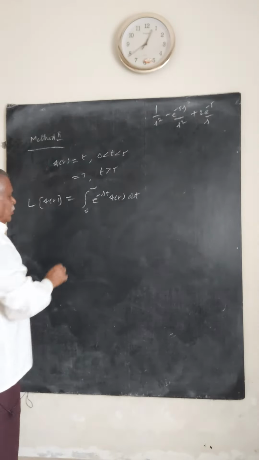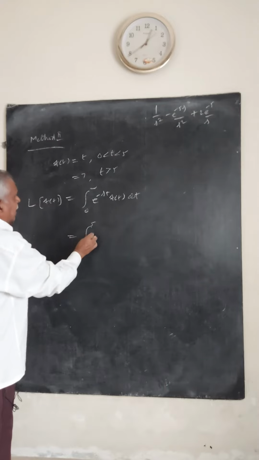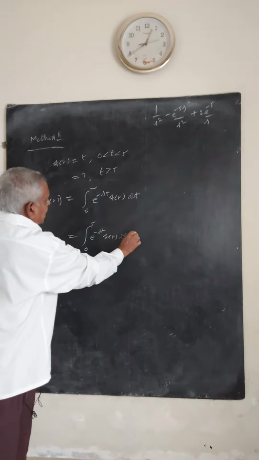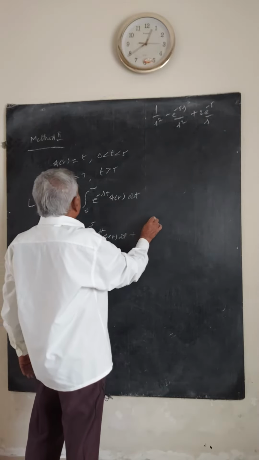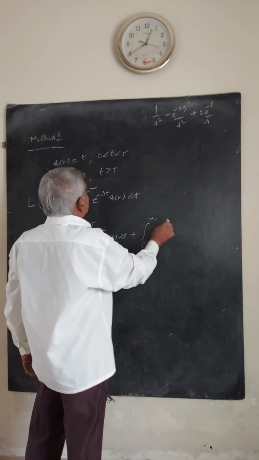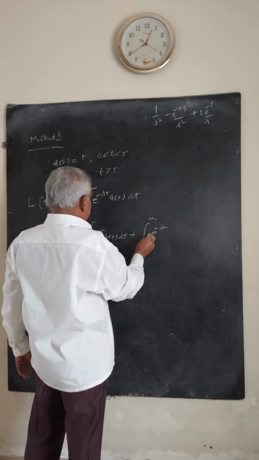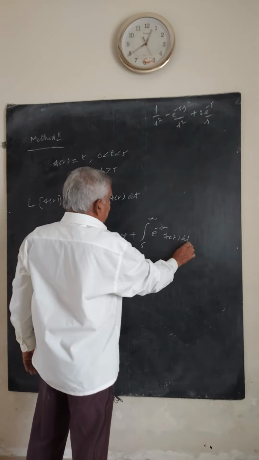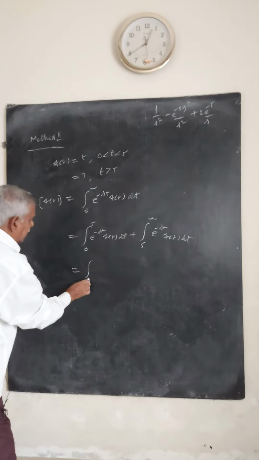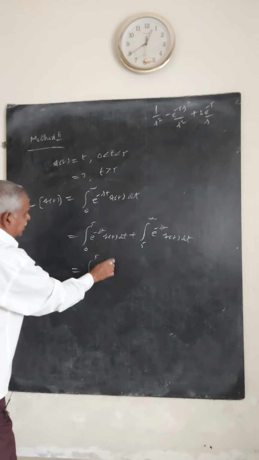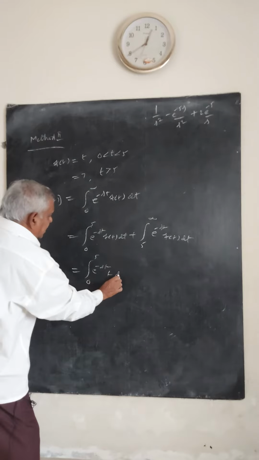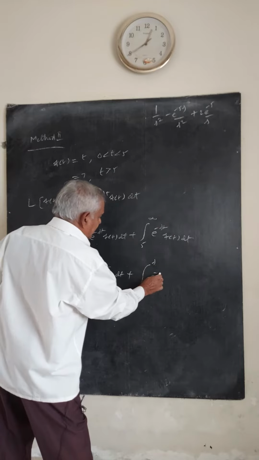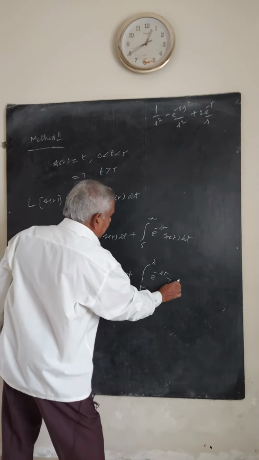We are going to split into two: 0 to 5 e power minus st f of t dt plus 5 to infinity e power minus st f of t dt. That is 0 to 5 e power minus st, f of t is t, dt, plus 5 to infinity e power minus st, f of t is 7, dt.